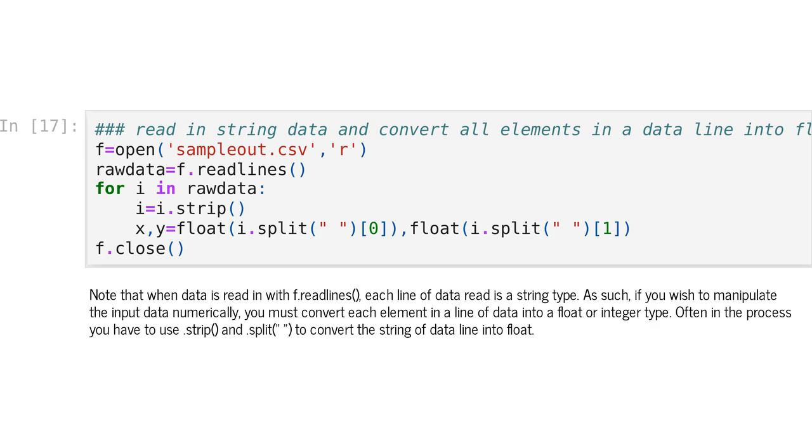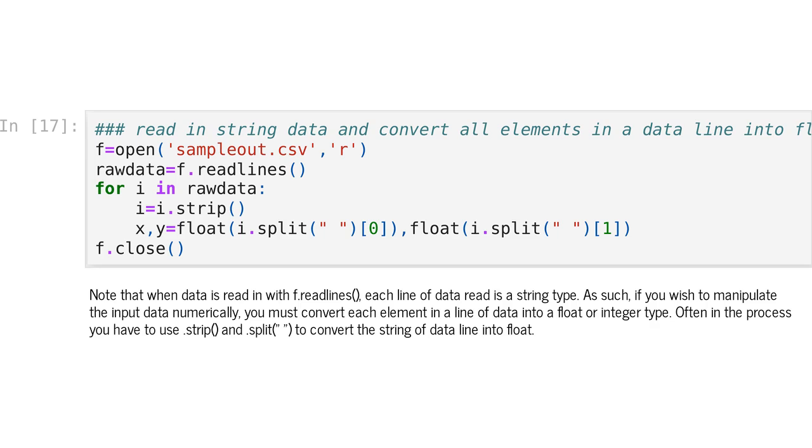It opens sampleout.csv and reads its lines into raw_data. Then, it iterates through each string i in raw_data. For each line, i.strip() is called to remove leading or trailing whitespace, such as the newline character. After stripping, i.split() splits the string into a list of substrings using a space as the delimiter.